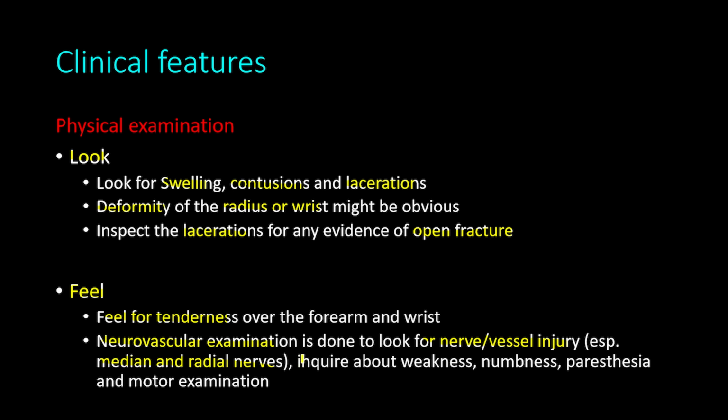You inquire about weakness, numbness, paresthesia, and do a motor examination to make sure that there are no nerve injuries, and you palpate the radial and ulnar arteries looking for a pulse, making sure that those arteries did not sustain injury.